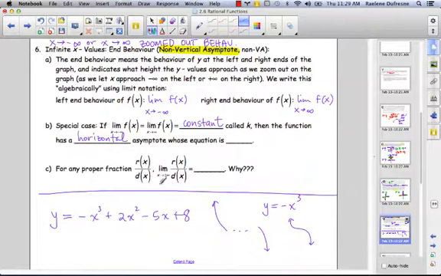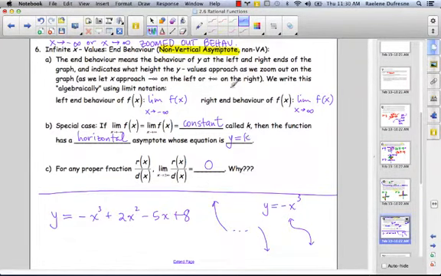That's a horizontal line. And the equation of that horizontal asymptote is y equal to k. For any proper fraction, and we remember that a proper fraction has the degree of the numerator smaller than the degree of the denominator, if this fraction is proper, then the limit as x approaches plus or minus infinity of r of x over d of x is equal to 0.